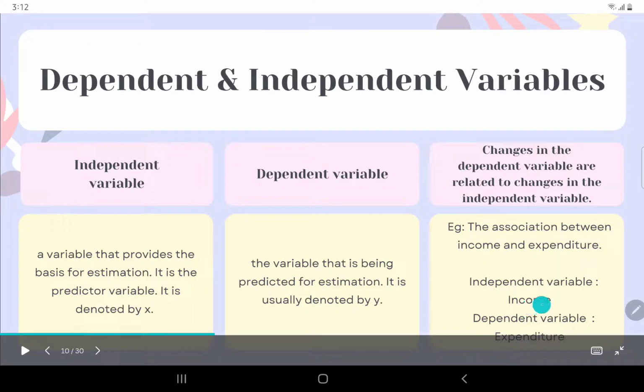Okay, sebab kita bergantung pada income. Kalau income sikit, kita belilah barang sikit. Kalau income banyak, kita belilah barang banyak. So income akan jadi independent variable. Okay, dia yang menentukan expenditure. Okay, so expenditure is the dependent variable.